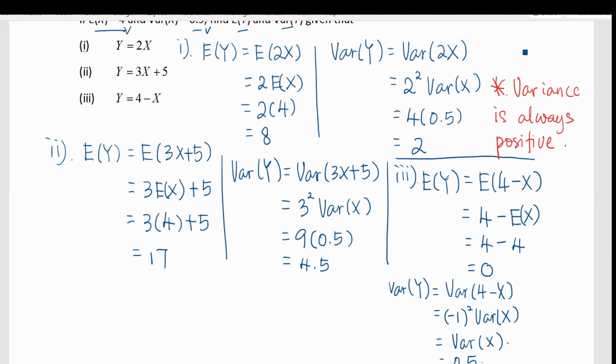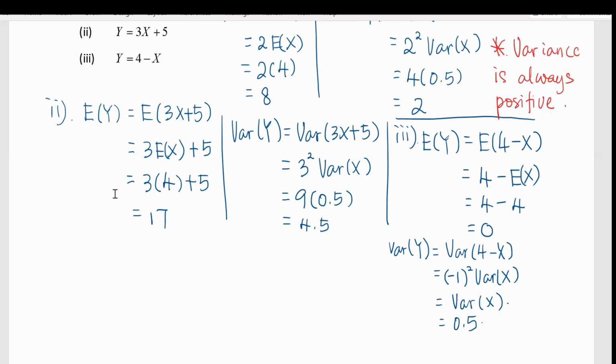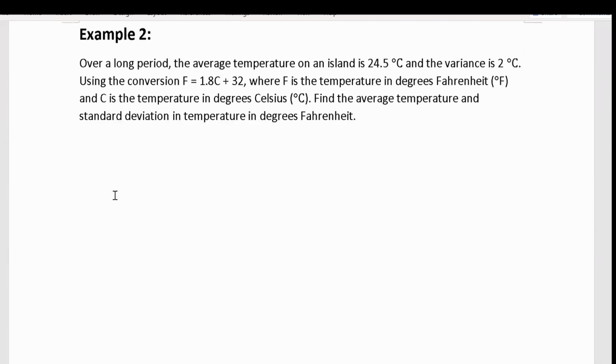Now we look at the next example. Have a look at example 2. Over a long period, the average temperature on an island is 24.5 degrees Celsius and the variance is 2 degrees Celsius.